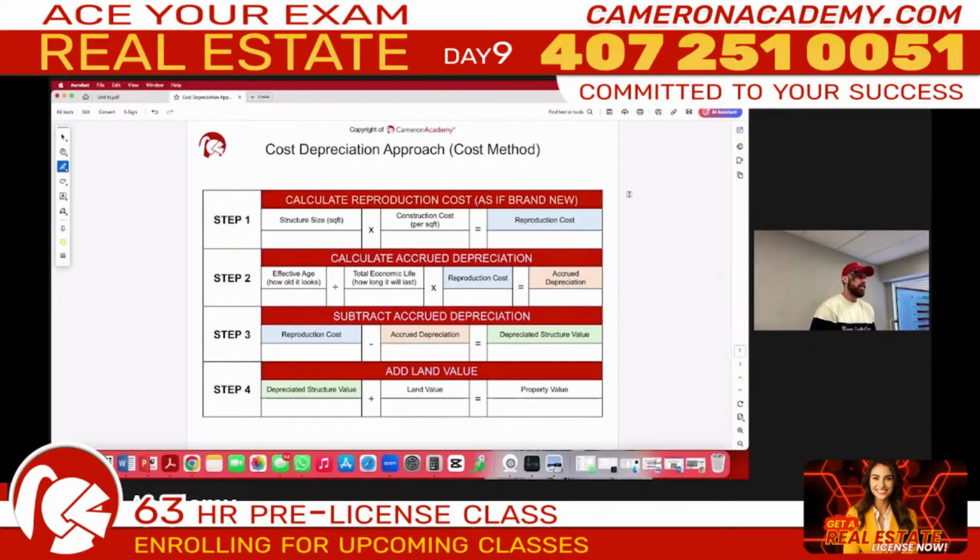Let's say we're talking about a warehouse and we're trying to figure out the value of this warehouse using this method, the cost depreciation approach. Now, this method could be used for estimating the value of any type of property, but mainly it's used for commercial or industrial. And you can write that down at the top, mainly used for commercial, industrial.